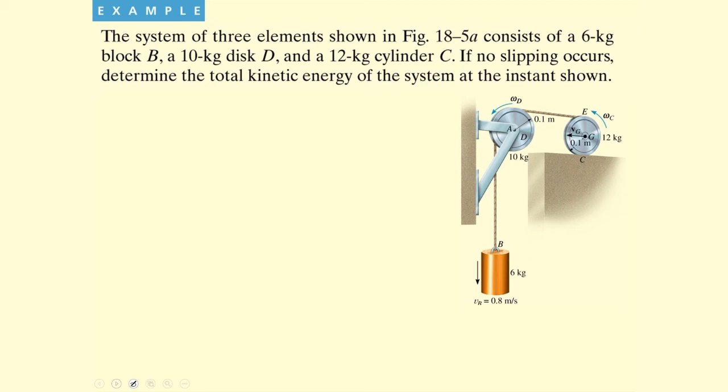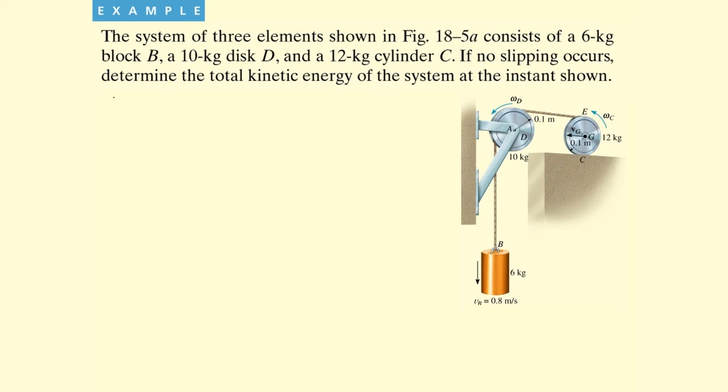Now let's start computing the kinetic energies of the system. We will start with VB. I know that the kinetic energy can be computed for these. So first I want to find the relations between the velocities and the angular velocities. I know that the velocity of block B, I can use it to find omega d, since in this problem only the velocity of VB is given.